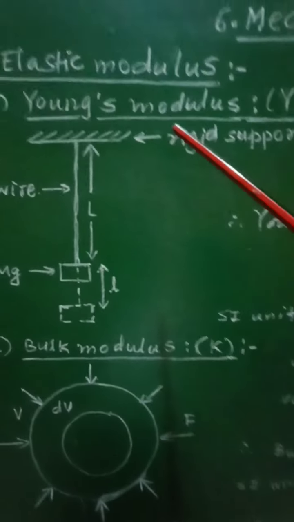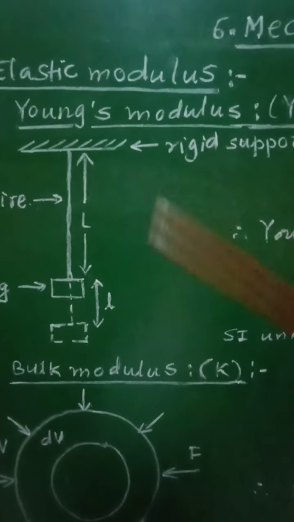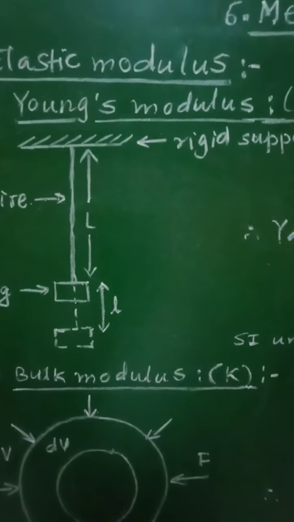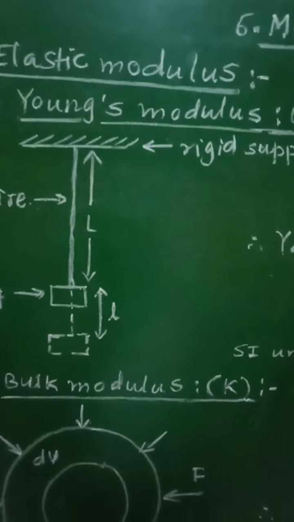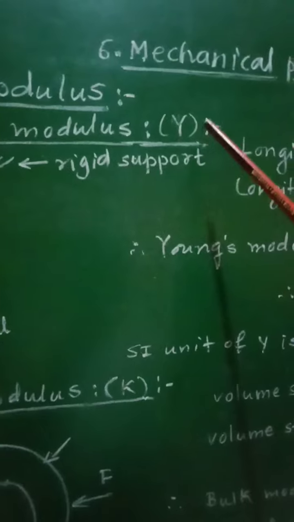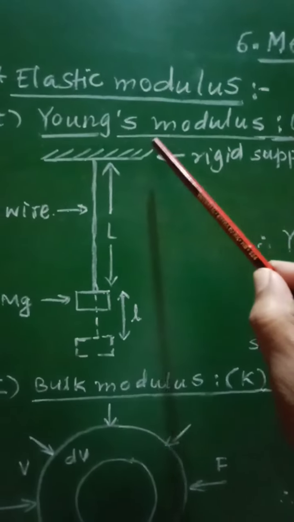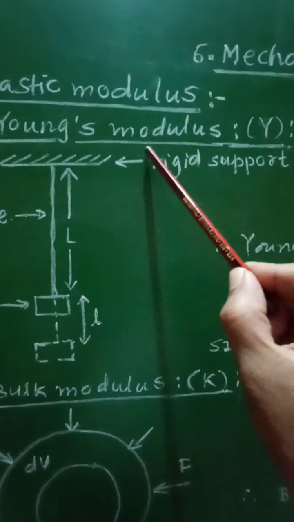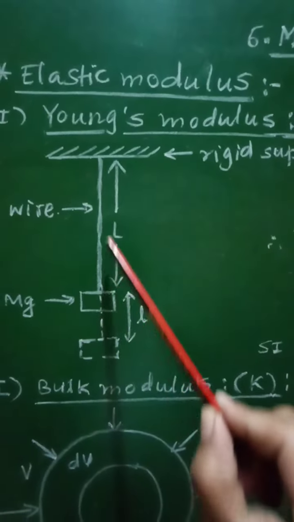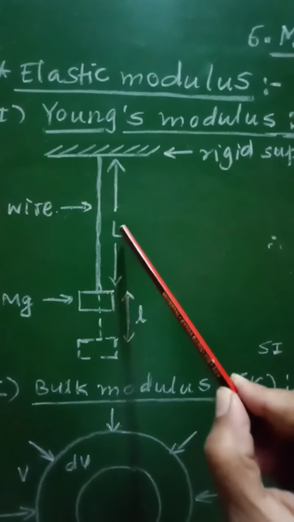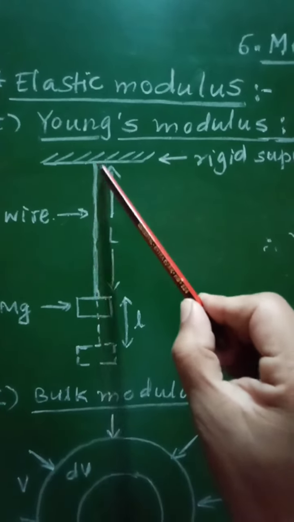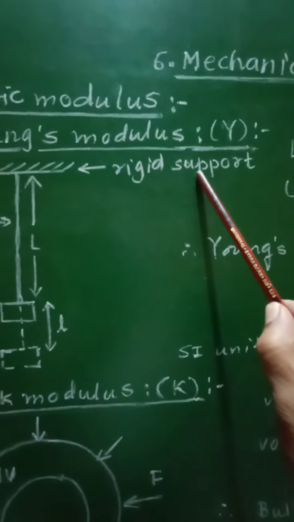So let us see the first one, that is Young's modulus, denoted by Y. In order to explain this Young's modulus, let us consider a wire having its original length equal to capital L, which is suspended from a rigid support.